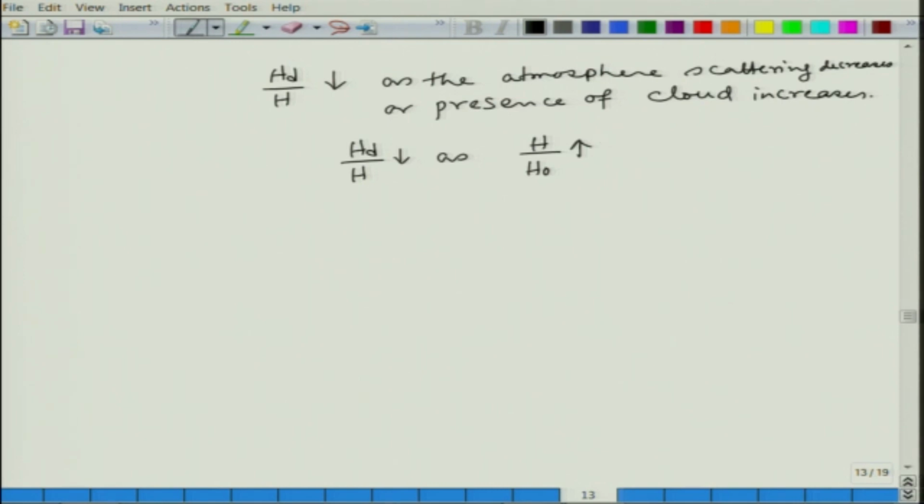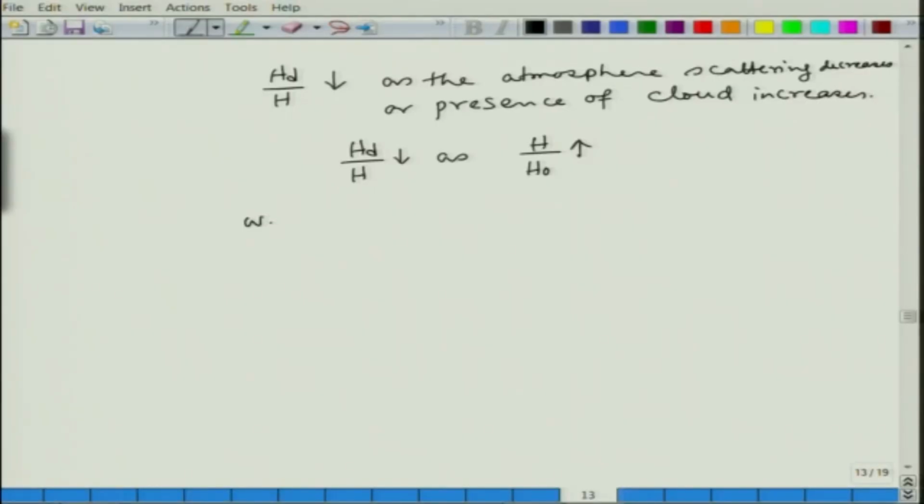If you have cloud, then H by H naught will decrease, and in that case H d by H will increase. So, we define this H by H naught to be a quantity called K T, or clearness index. Clearness index tells you how much cloud or aerosol concentration is there.